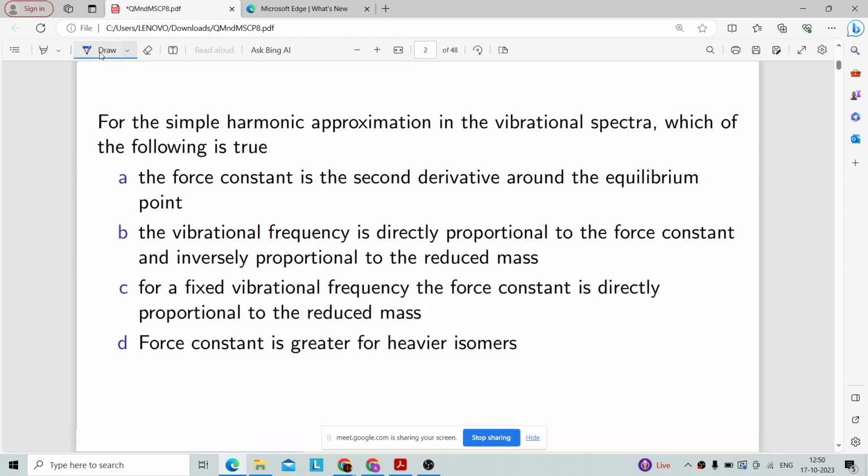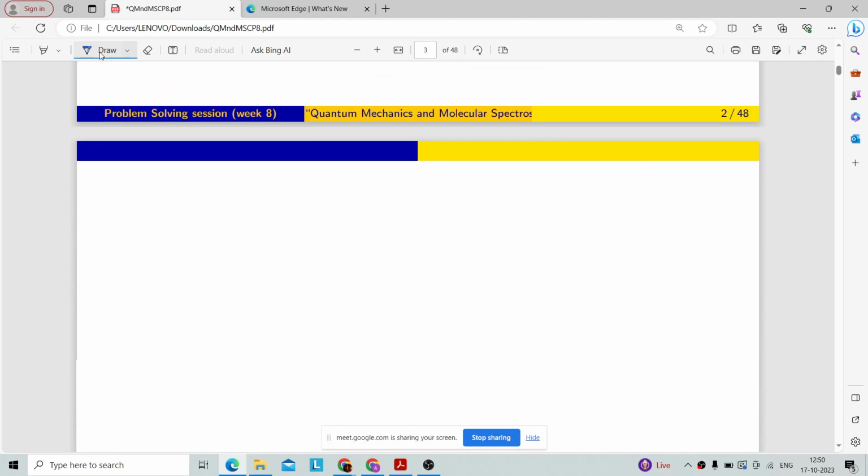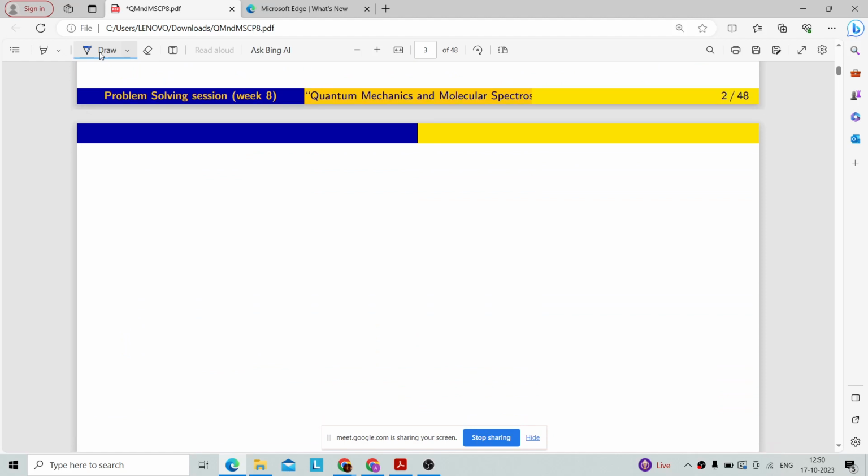Okay, let me do this then. We are approximating this system as a simple harmonic oscillator.